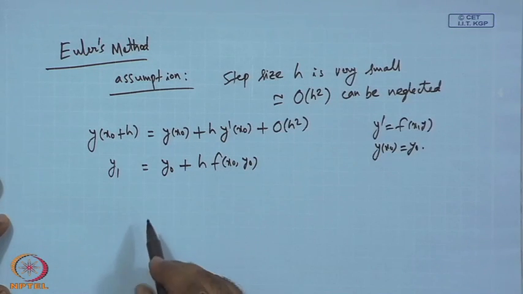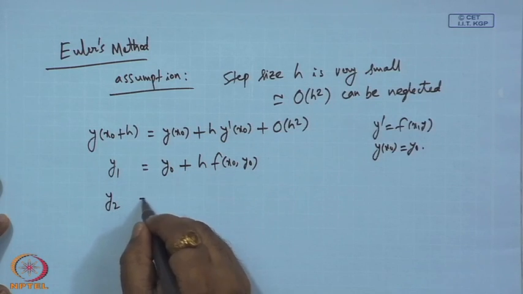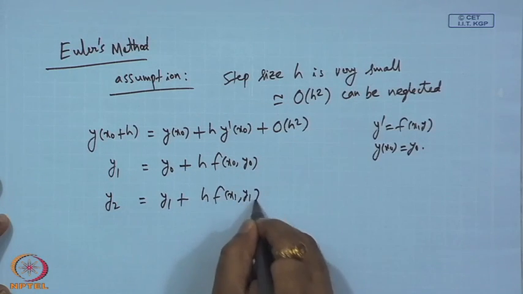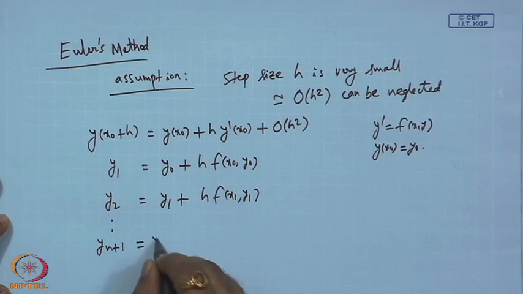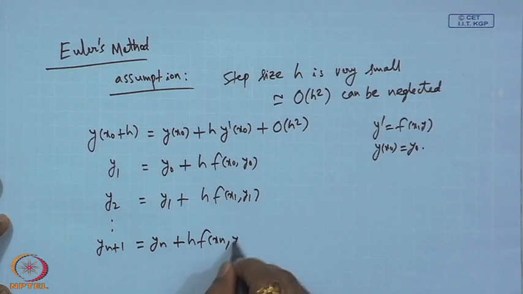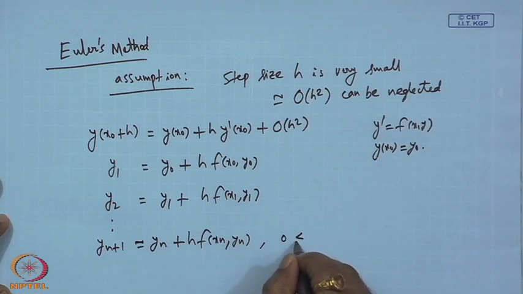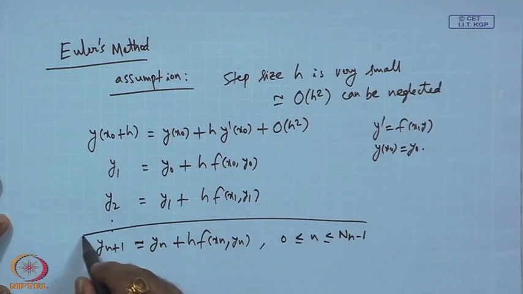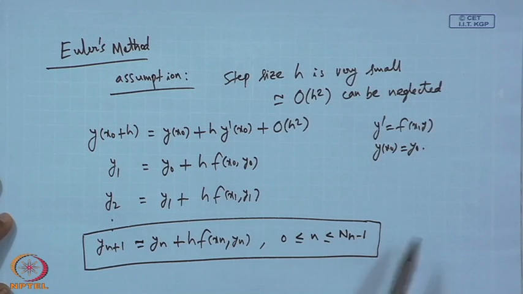Now if we continue to the next grid point, we can formalize this. This is an approximation, obviously. So, this is your Euler method.